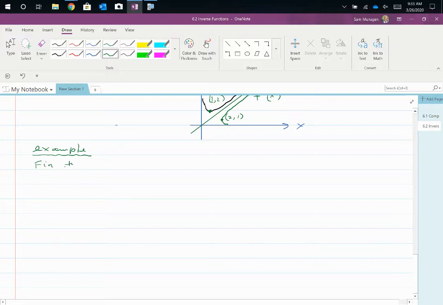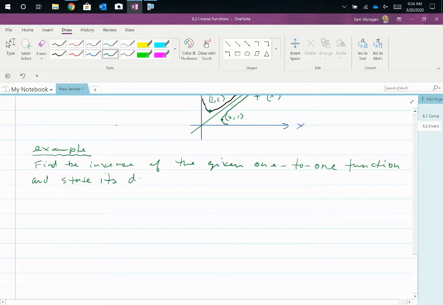Find the inverse of the given one-to-one function and state its domain and range.